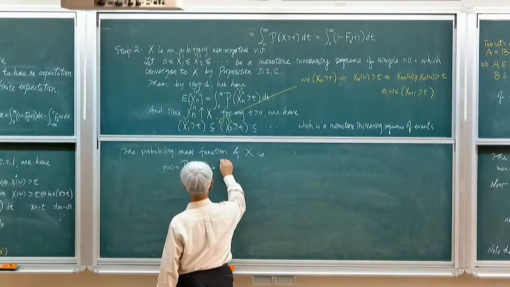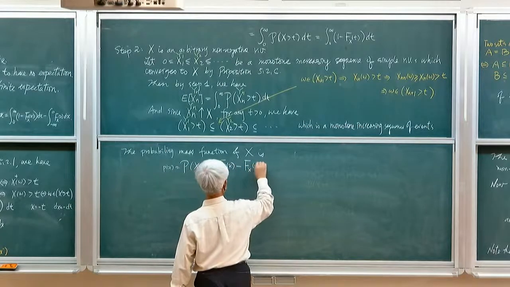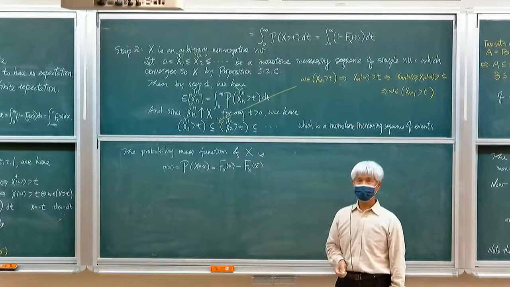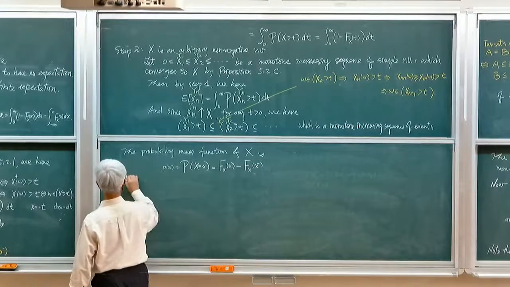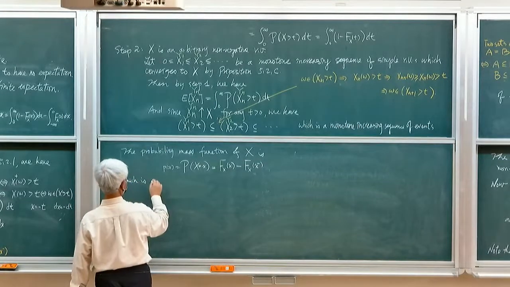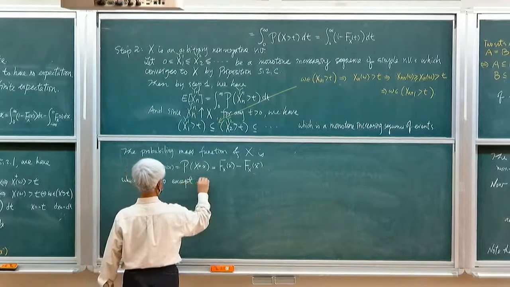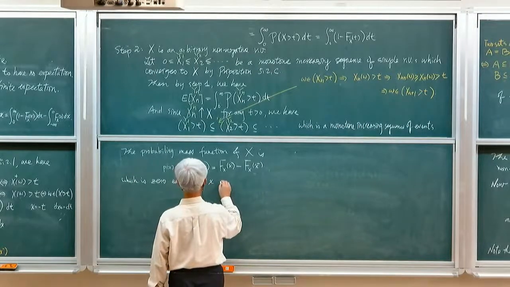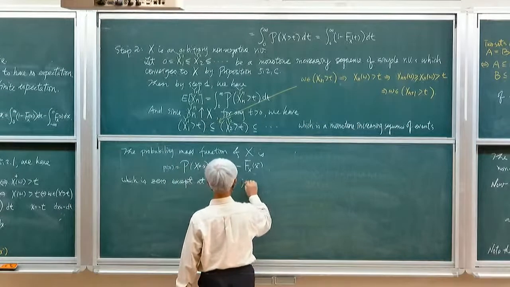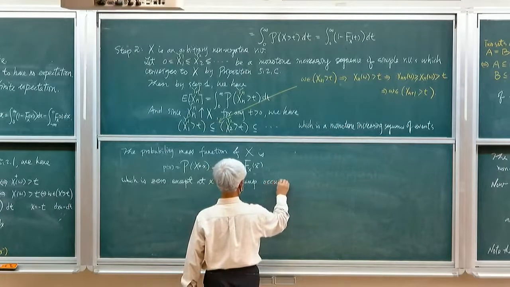This is the F of x minus F of x minus. Now, it's 0 except at x where a jump occurs.